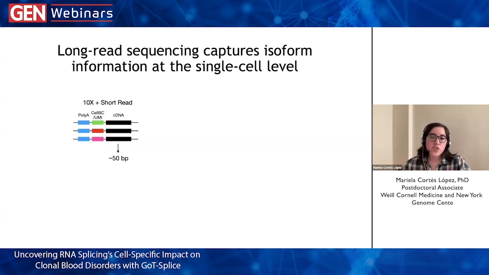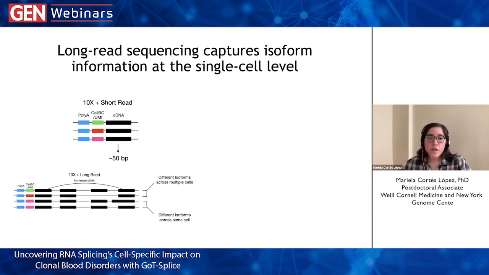Because normally, just having short-read sequencing, we will have small fragments that only allow us to see the end of the transcript. However, when we have the long-read sequencing, then we can see which are the isoforms that could be changing across multiple cells, but also which are the isoforms that within the same cell, identified by the cell barcodes, are behaving differently.